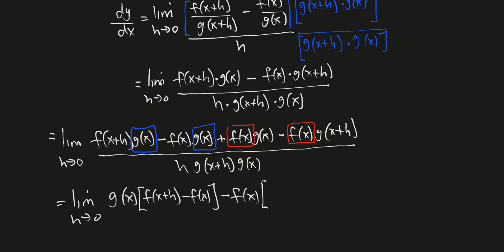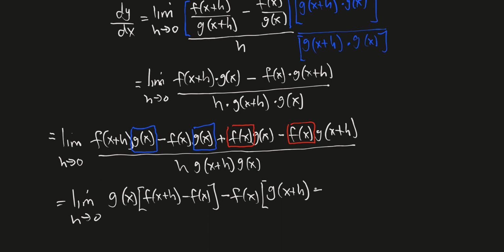And then what do we have to put in parentheses? Well, since this one has the minus f of x in front of it, I can write g of x plus h first. So I can put this here. Right? Now, this one has a plus f of x. But if I factor out a minus f of x, I have to put another minus there so as to balance this, to make sure that this product ends up being positive.